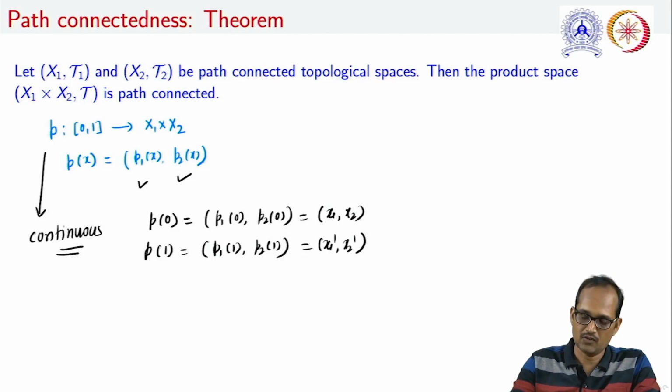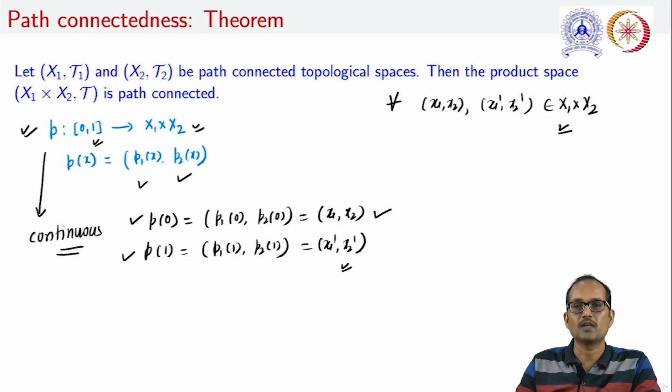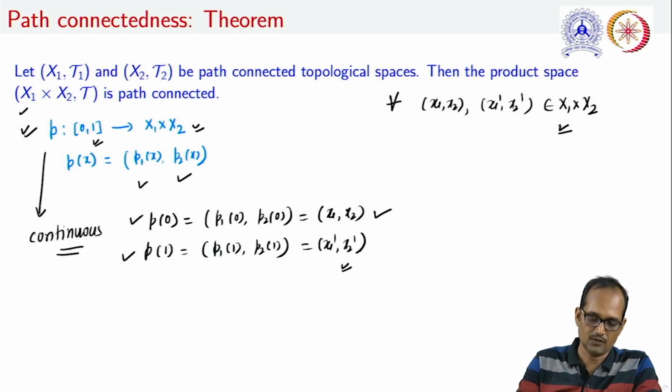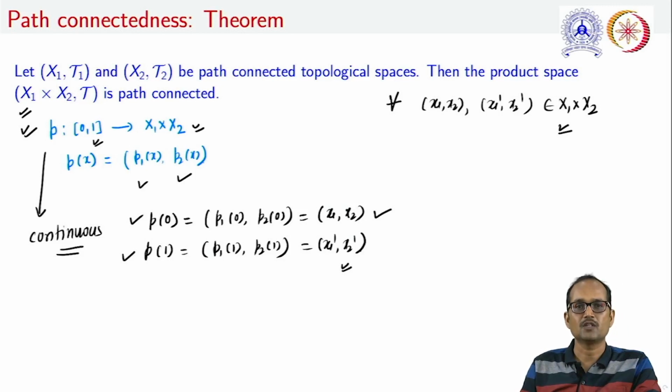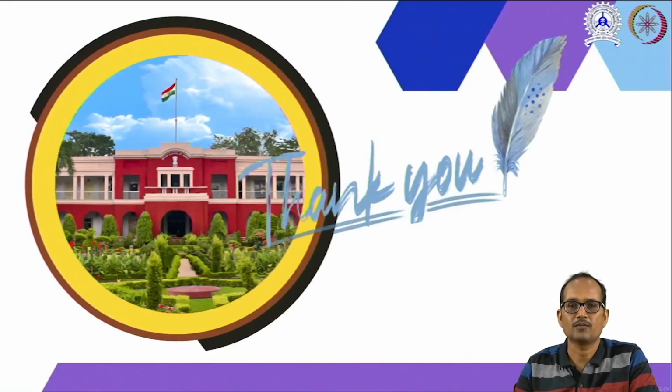So what we have justified is that for all elements (x1, x2) and (x1 dash, x2 dash) in X1 cross X2, there exists a continuous function p from the closed interval 0 1 to X1 cross X2 so that p(0) is equal to (x1, x2) and p(1) is equal to (x1 dash, x2 dash), and therefore the product space X1 cross X2 with product topology is path connected. These are the references. That's all from this lecture. Thank you.